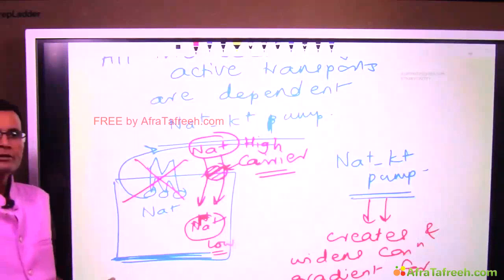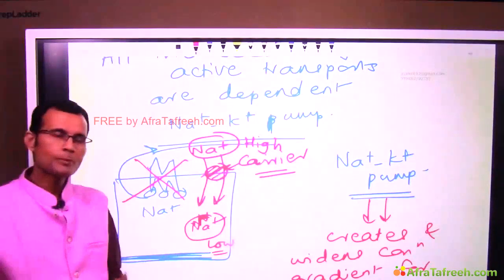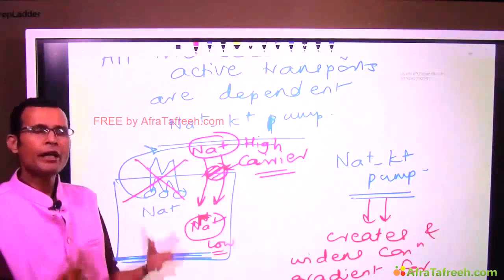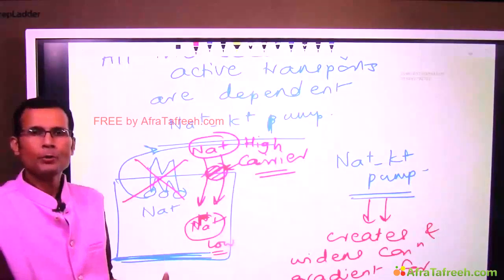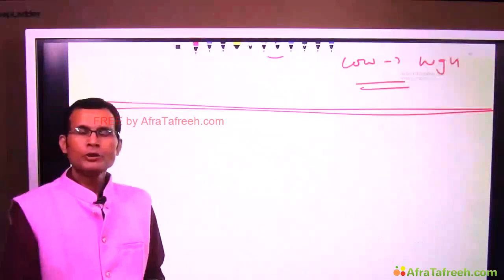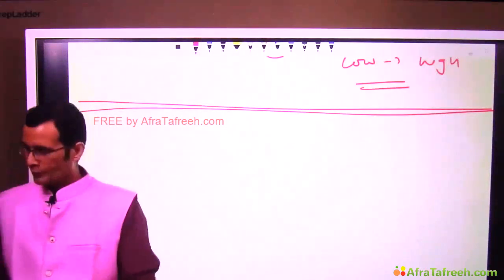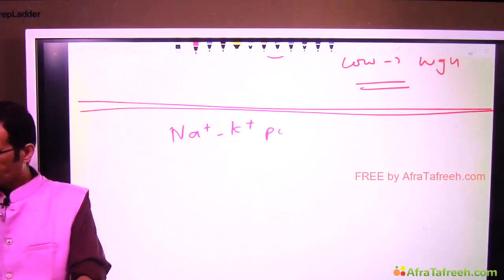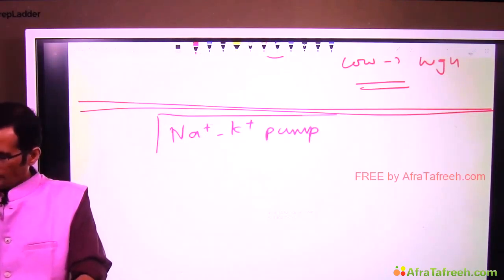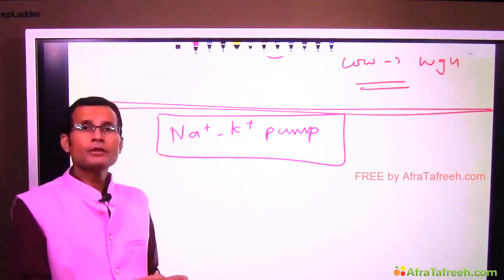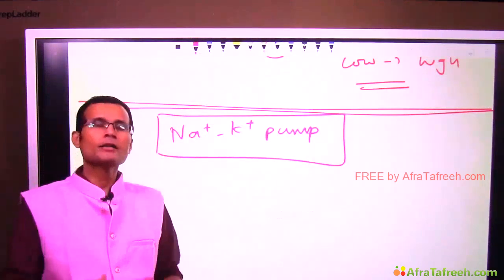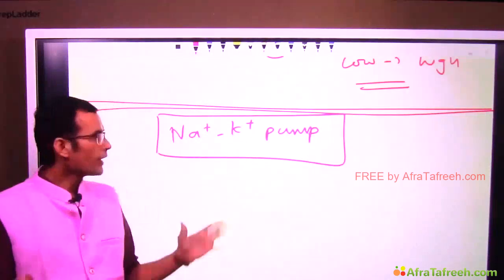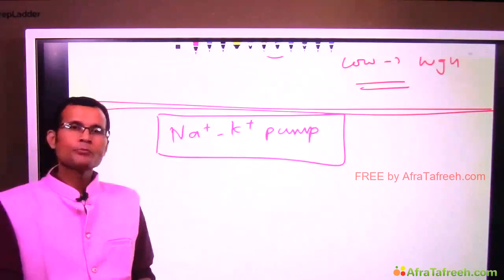Finally, we will also discuss the sodium potassium pump. I had kept separate time for the sodium potassium pump because it's a very important topic to be understood. So here comes the final part of this chapter, the sodium potassium pump. I had deliberately kept this as a separate part, although it's a primary active transport and we have described primary active transport before this.